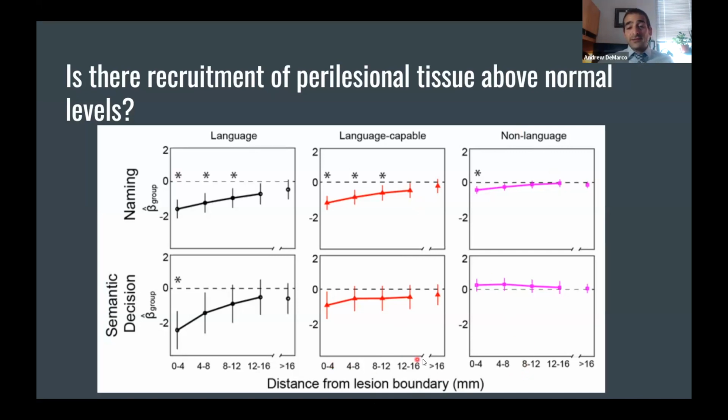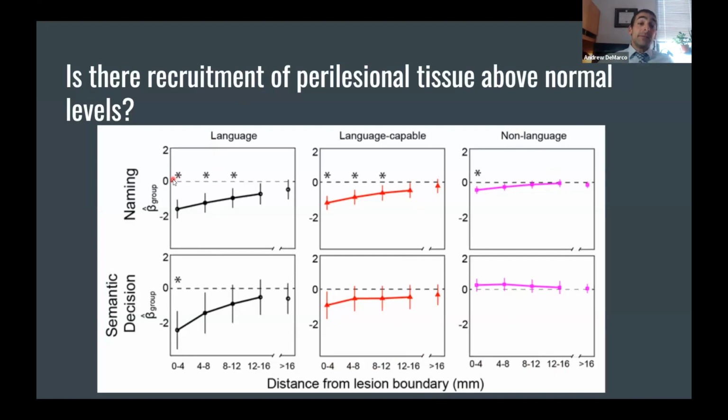The x-axis on each pane is distance from the lesion boundary, which is to say how far out that perilesional shell was situated with respect to any given patient's lesion mask. And the y-axes show the difference between patient group and control group.